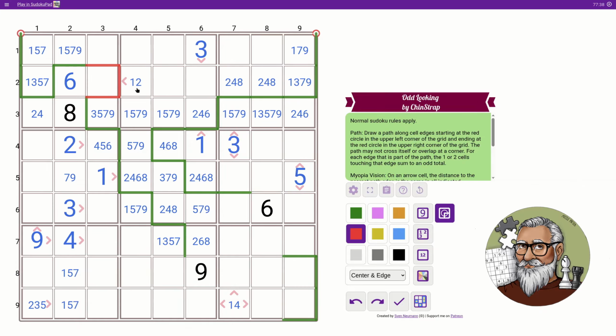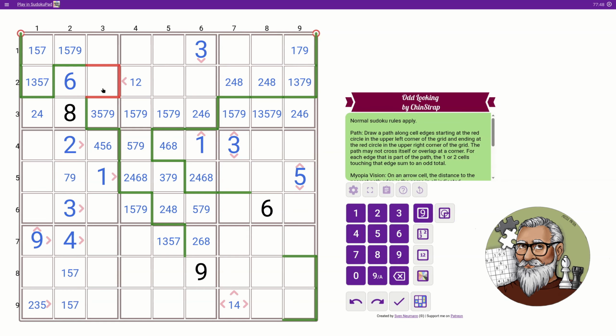Ah, no, if this path makes this cell even, and this is 1. Right. So this is 1, and all of these would have to be odd. That's obviously not allowed. Right. Yeah. Good. We got there.